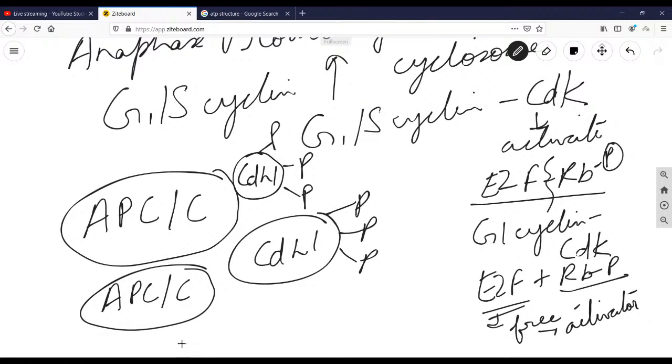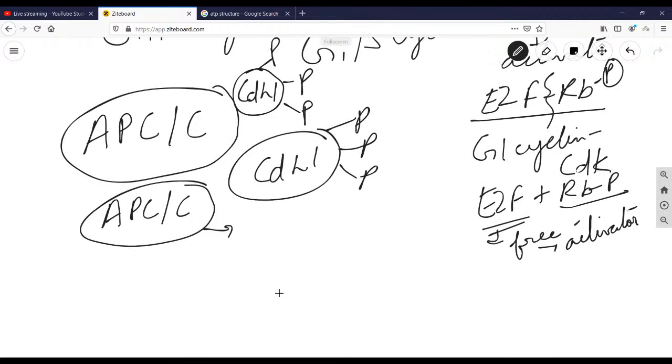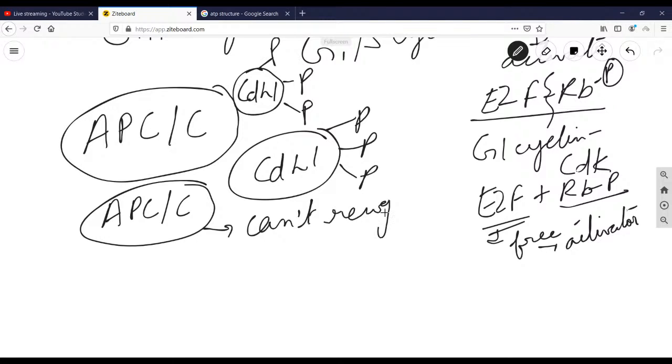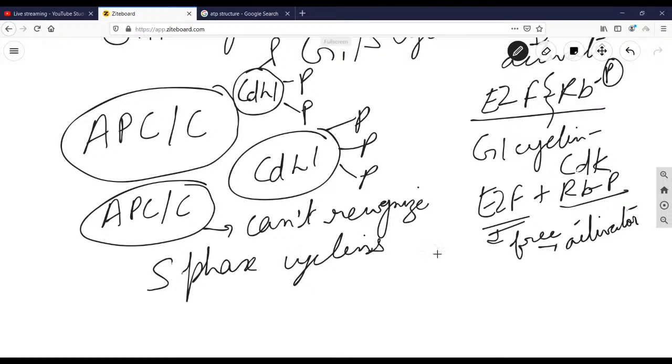When it gets dissociated from APC/C, APC/C cannot recognize the S phase cyclins. Thereby it cannot cause degradation of the S phase cyclin. Now that is what is happening. Now you can enter the S phase properly and can cause the DNA replication.